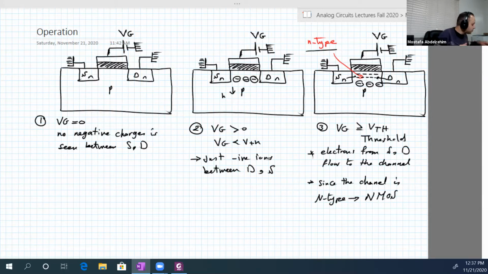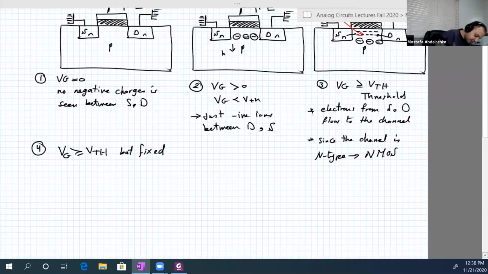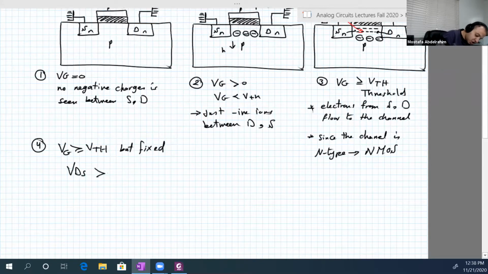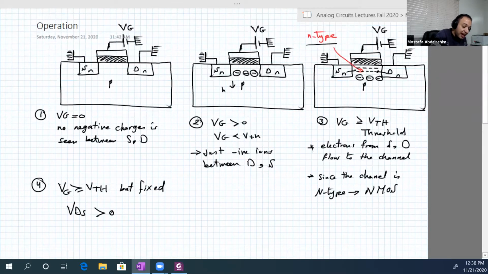Now we're gonna fix Vg. So let's assume number 4 here. Vg is larger than or equal to V threshold, but fixed. And we're gonna apply now a voltage between the source and the drain. So VDS now is larger than 0. Remember in the beginning here, VD was 0 and VS was 0.